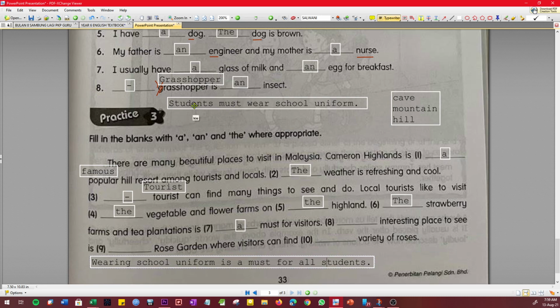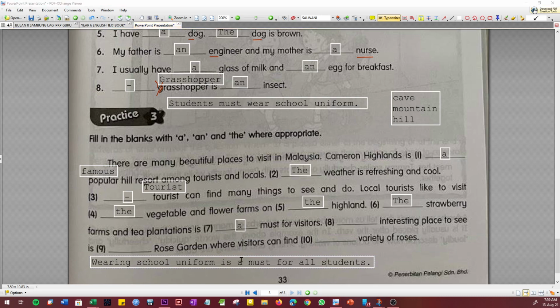Dua-dua maksud yang sama. Students must wear school uniform. Pelajar harus pakai pakaian sekolah. Uniform sekolah. Di sini memakai pakaian sekolah ataupun uniform sekolah adalah kewajipan bagi semua pelajar.